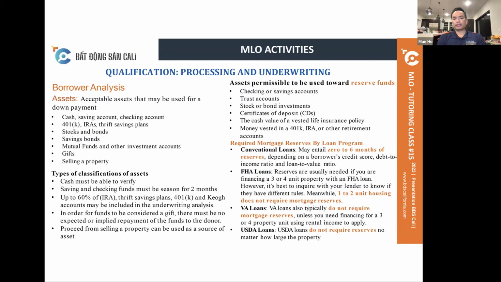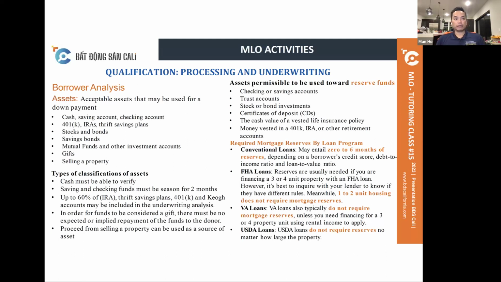So the required mortgage reserves by loan program, including conventional loan, right? A conventional loan may require like 0 to 6 months of reserves. Okay, depending on, like I said, the borrower's credit, debt to income ratio, and loan to value ratio.